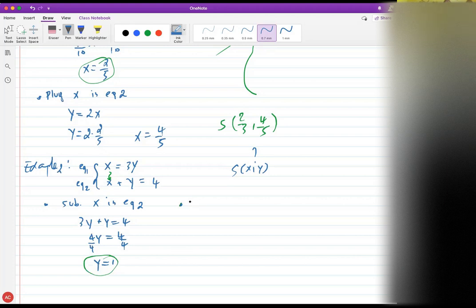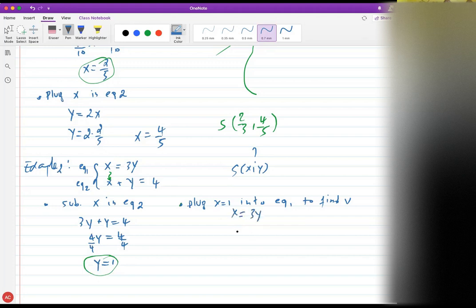So plug y equals 1 into equation 1 to find x. So x is 3y.